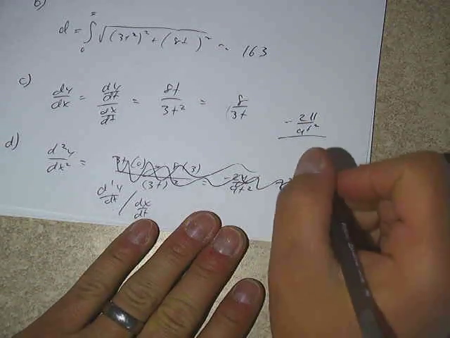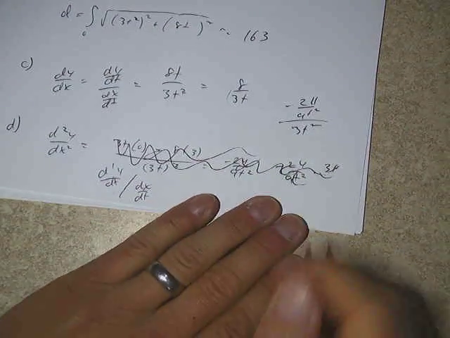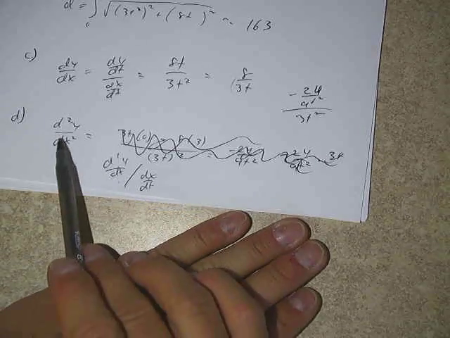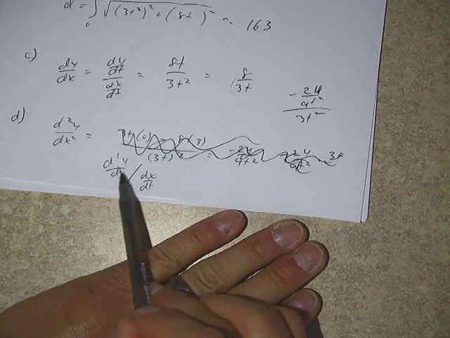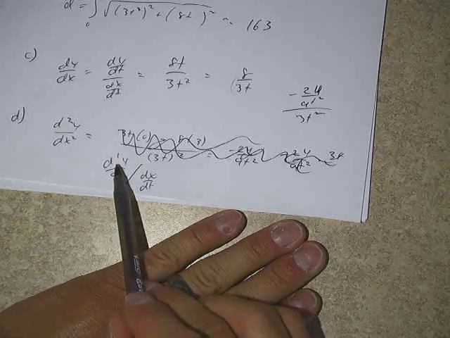Yep, there we go. Remember, that is negative 24 over 9t squared. So that's the derivative of what we found, and then divided by dx/dt, and our dx/dt was 3t squared. There we go, so that's the right analysis.